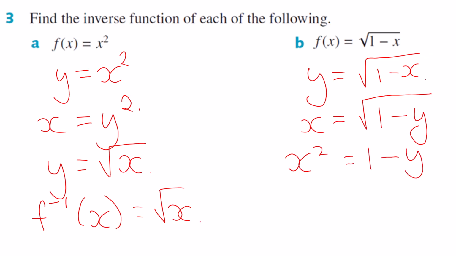So now we have x squared equals 1 minus y. Therefore, we're going to get negative y equals x squared minus 1. y will therefore be negative x squared plus 1.